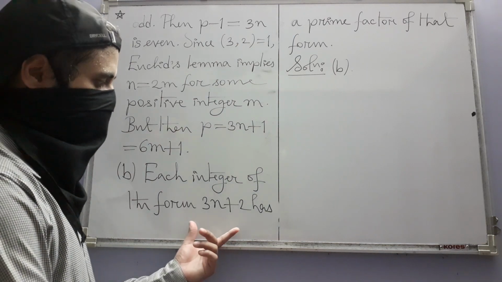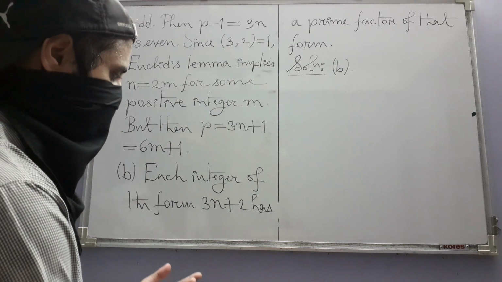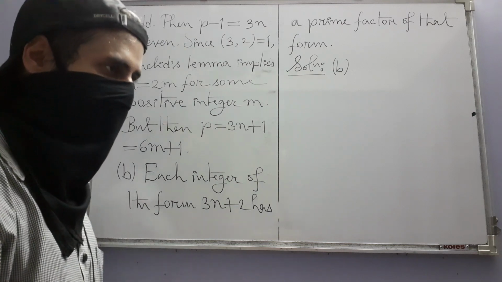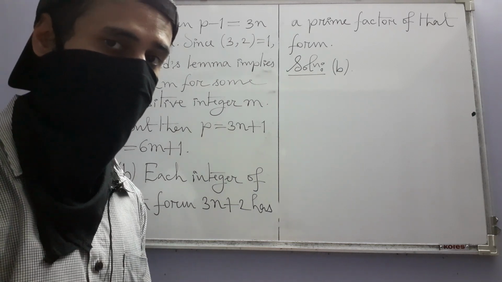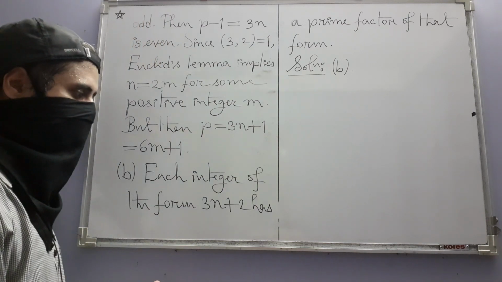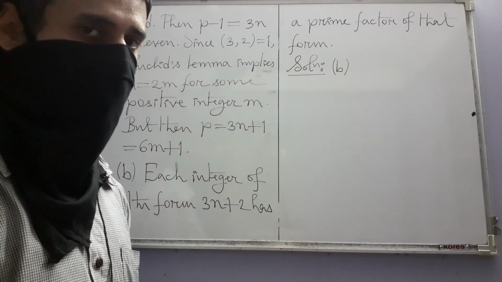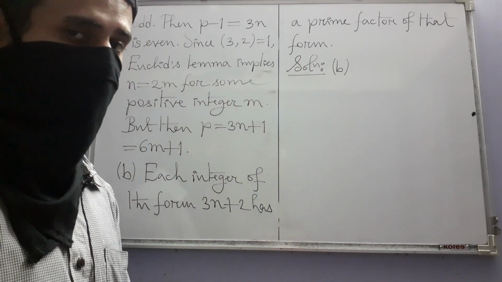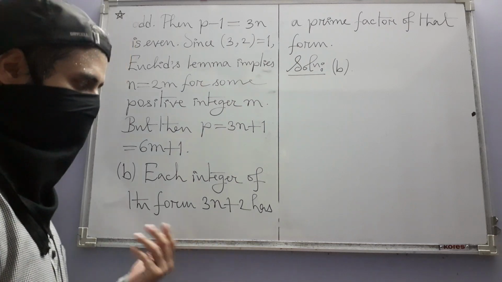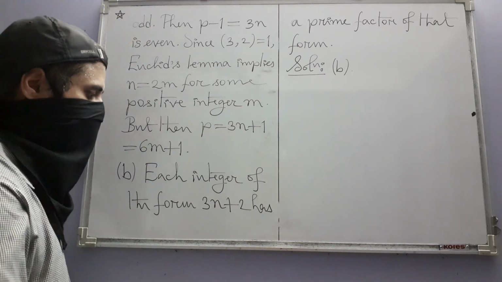Now we know from the Euclidean algorithm that any integer is of the form 3n or 3n plus 1 or 3n plus 2. That's because when we divide an integer by 3, these are the only three possible remainders, 0 or 1 or 2, and accordingly those three forms are all the possibilities.